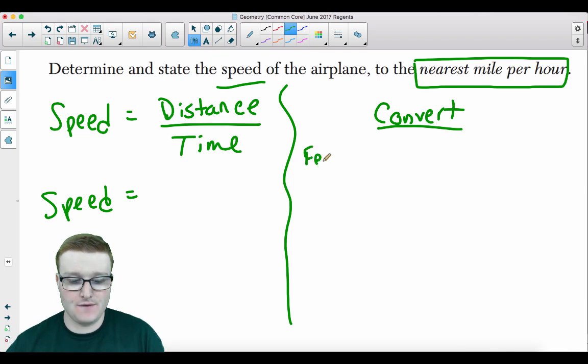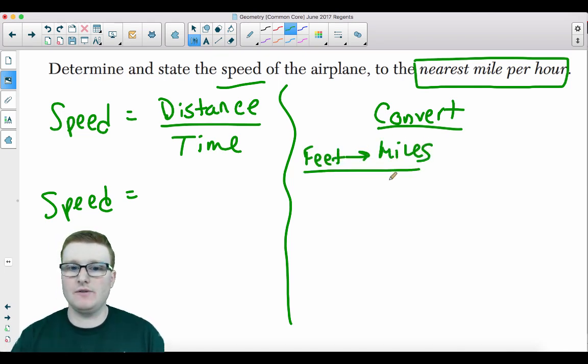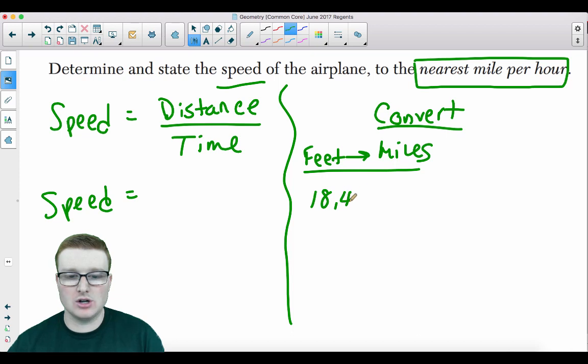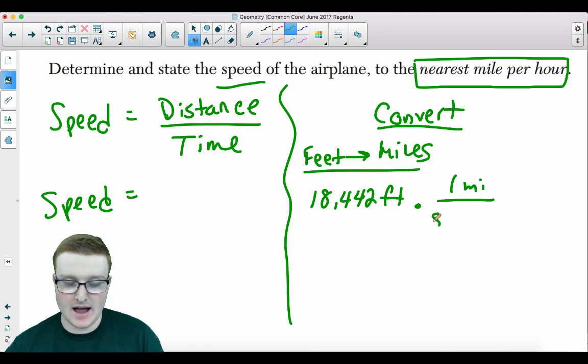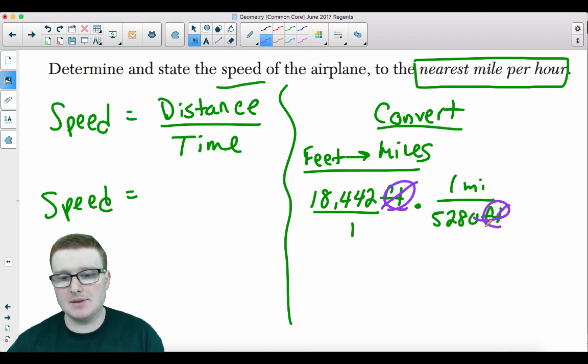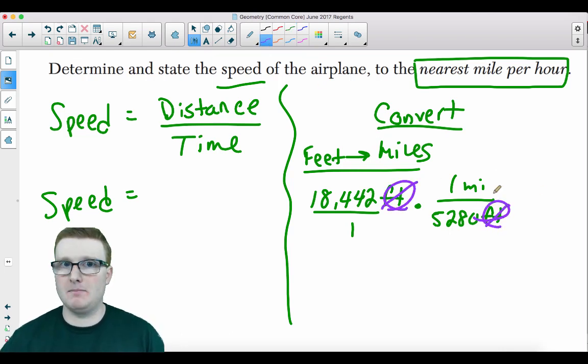So let's convert the feet to miles first. This is all found on your reference sheet. You just need to know how to do it. We're going to take 18,442 feet and multiply it by 1 mile over 5,280 feet. You see the conversion factors: the feet cancel on the top and the bottom, and you're only left with miles.